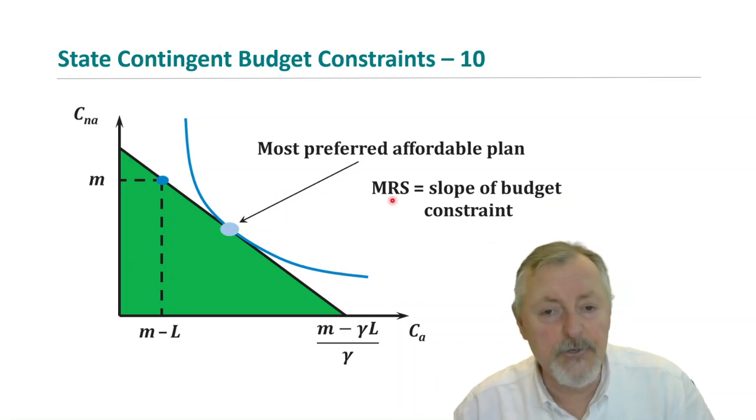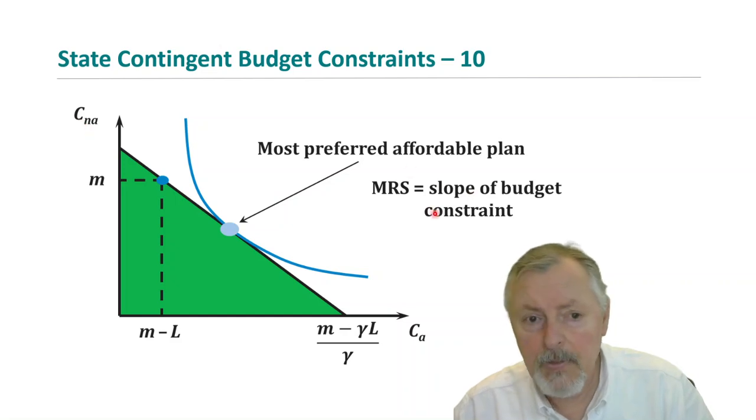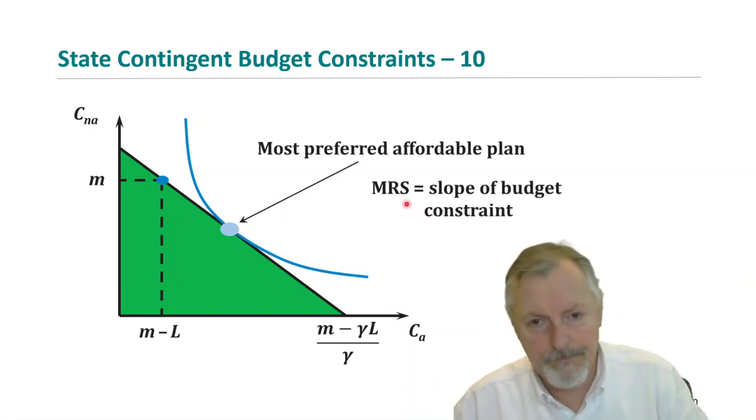It's equal to the marginal rate of substitution, which in turn is the marginal utility of this thing divided by the marginal utility of that thing, which is the partial derivative of the function.